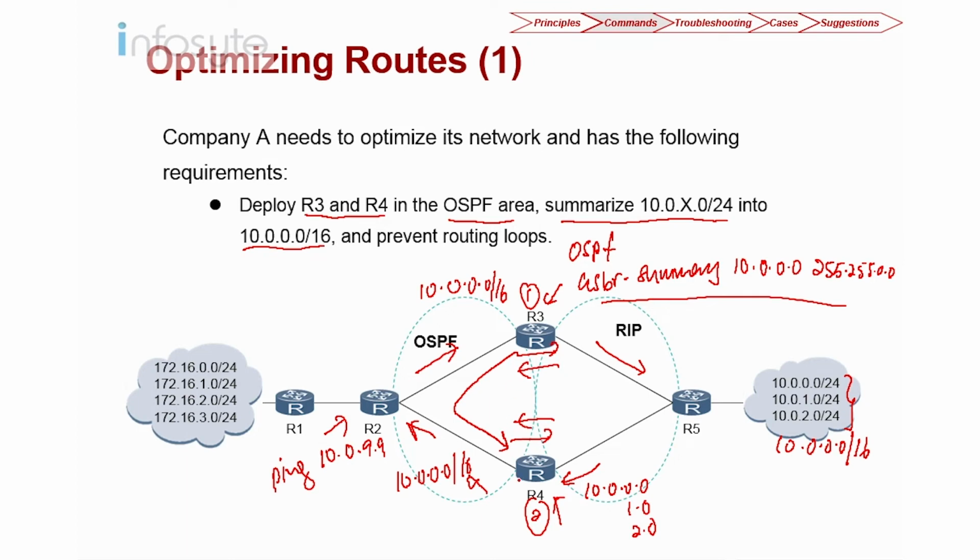Let me send to R4. Now R4 in return receives the summary route from R3 and it checks. In fact, it will actually go back to R3. So a loop will happen between R3 and R4. Alright, so let's look into the effect and how to solve this.